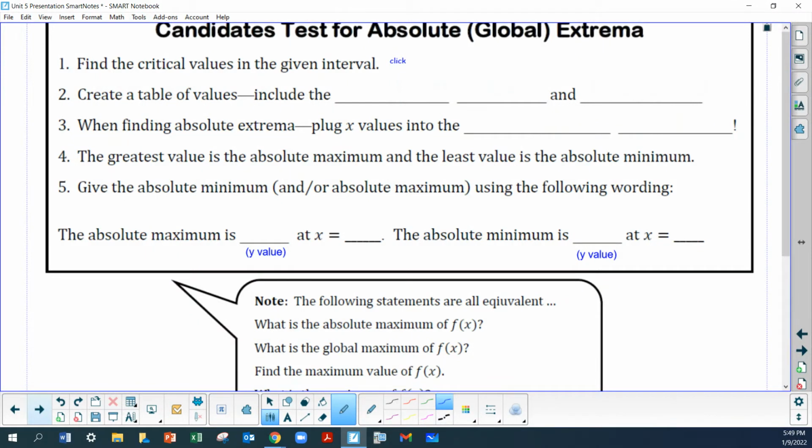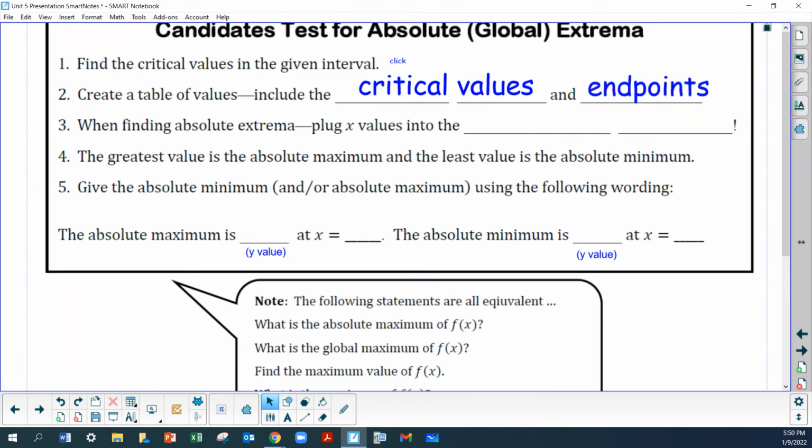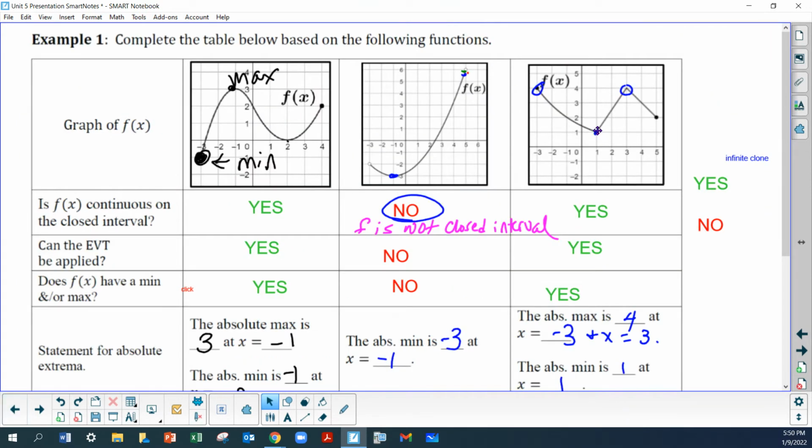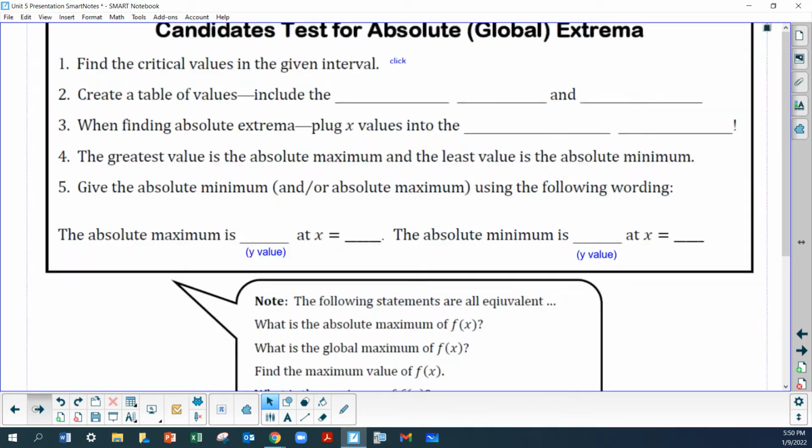This is what the AP expects you to do to prove that there is an absolute max or min when given a function. Find the critical values for the given interval. Then we're going to create a table that will include those critical values as well as our endpoints, because the absolute extrema can occur inside the closed interval or on an endpoint.